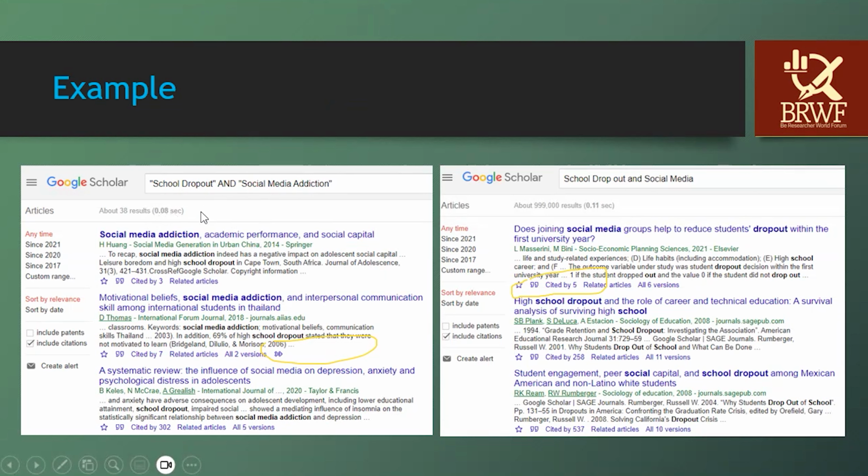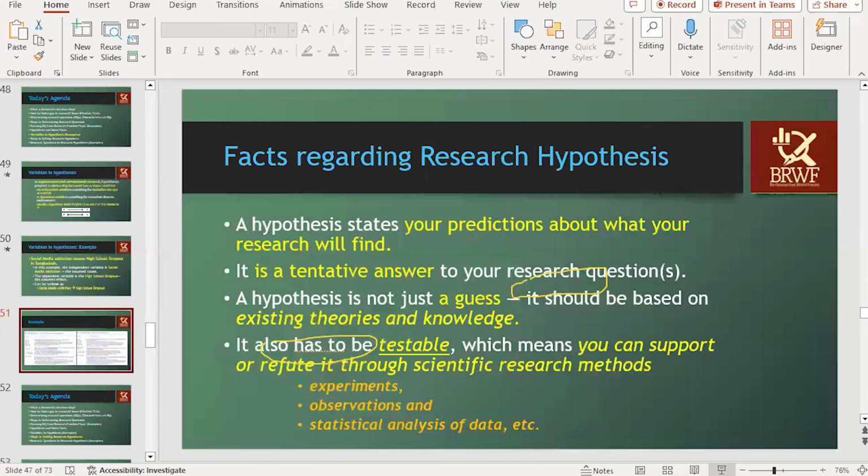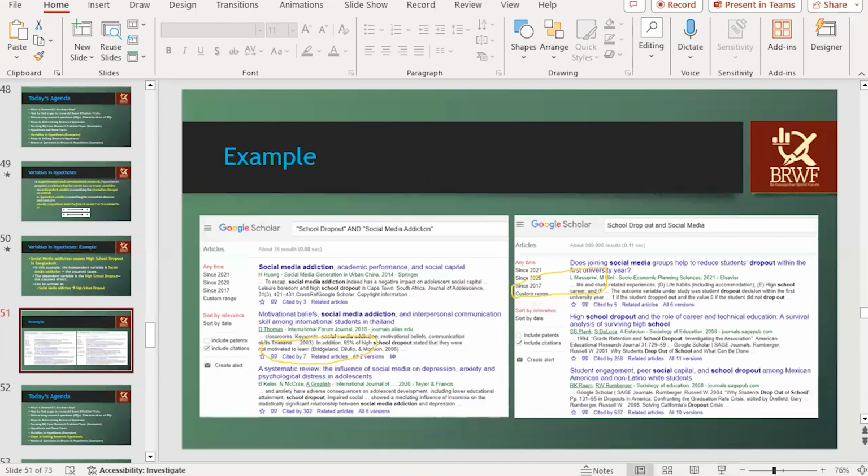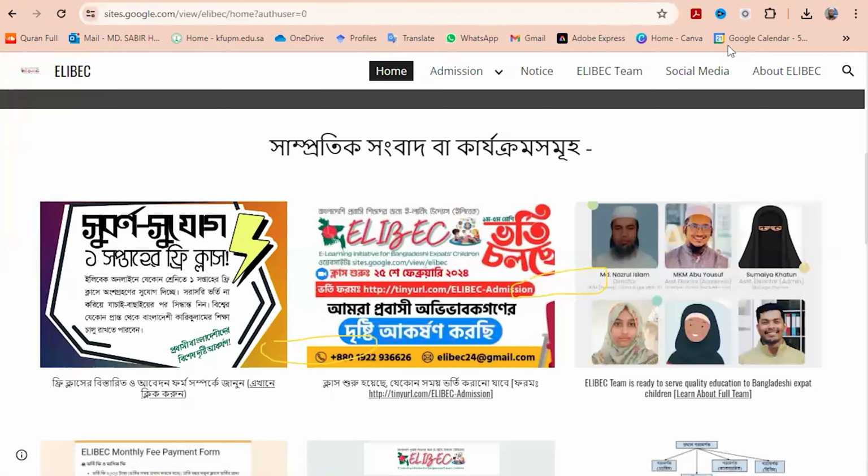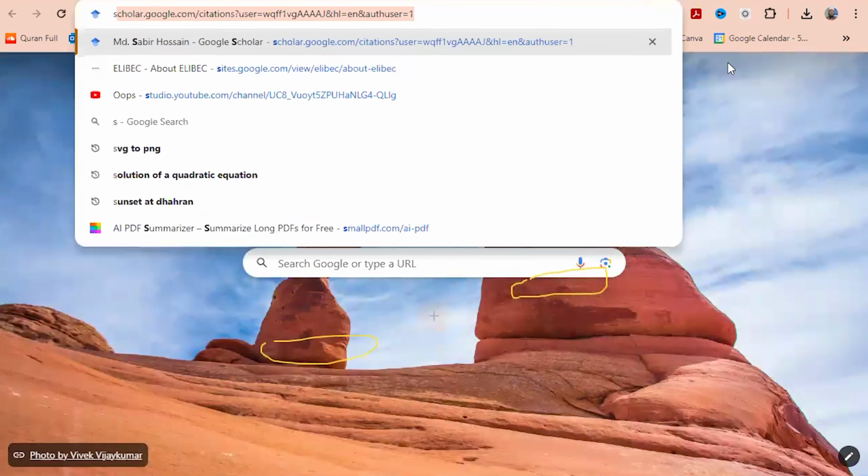Let me show you the current trends. How many articles did you find? 38. Let me show you the current trends of this research.